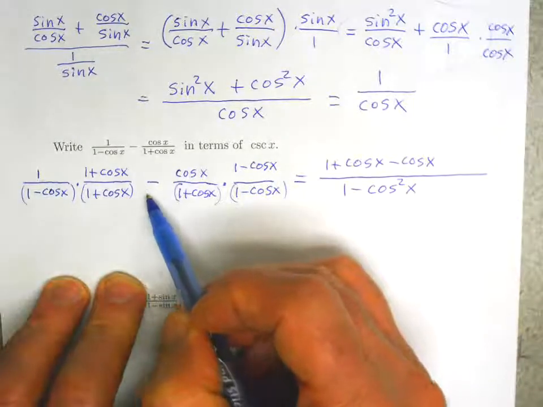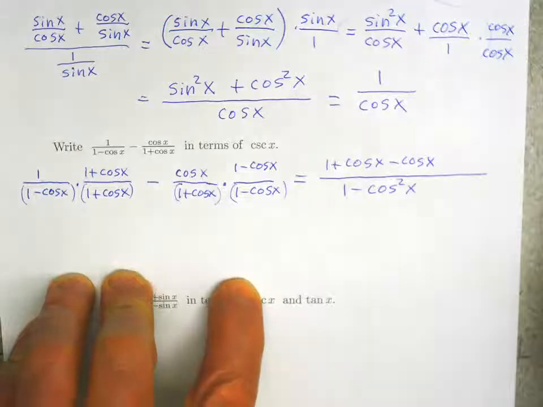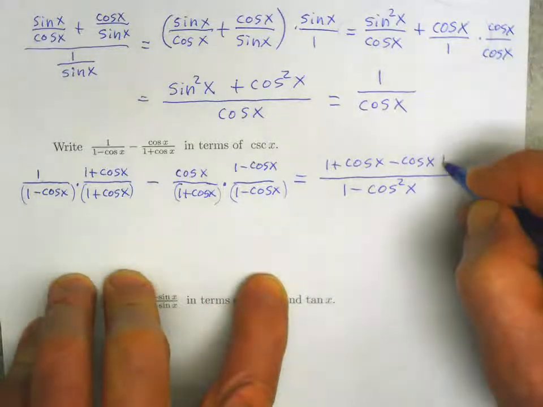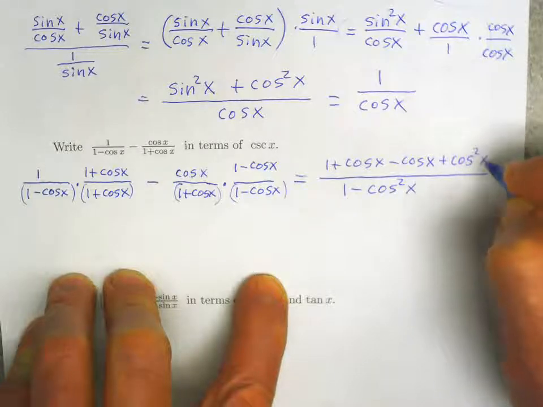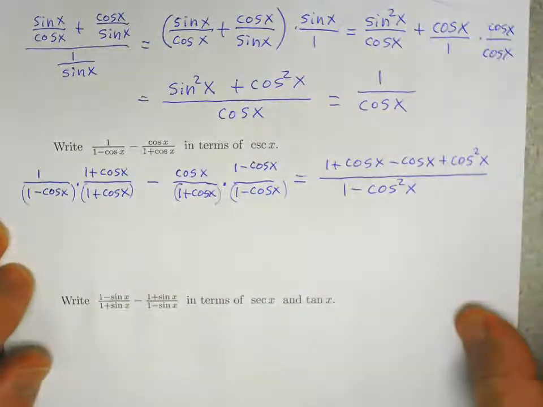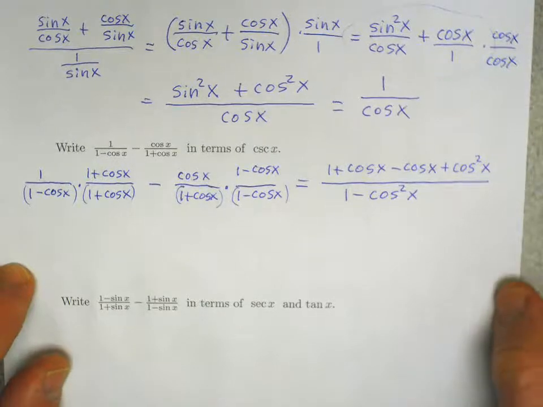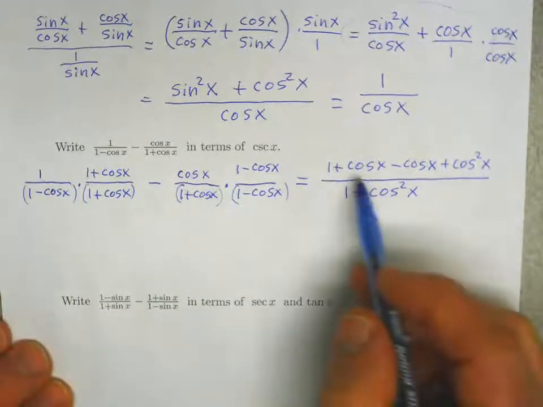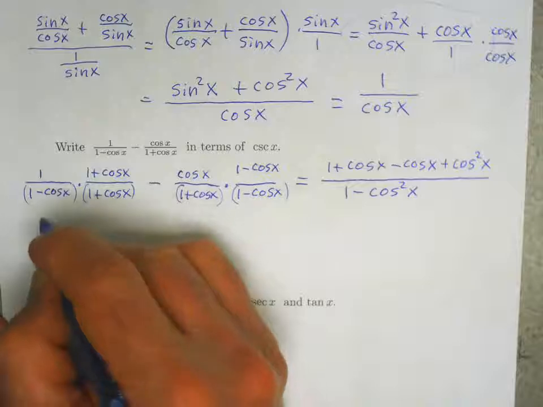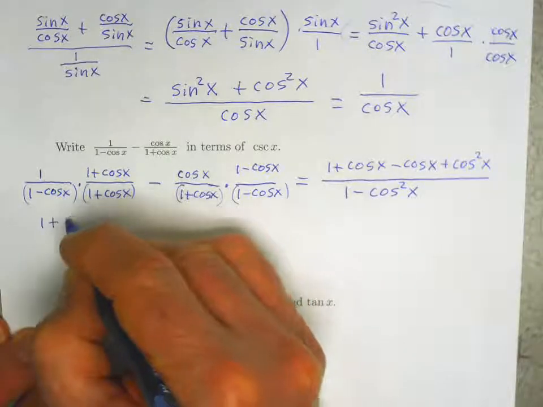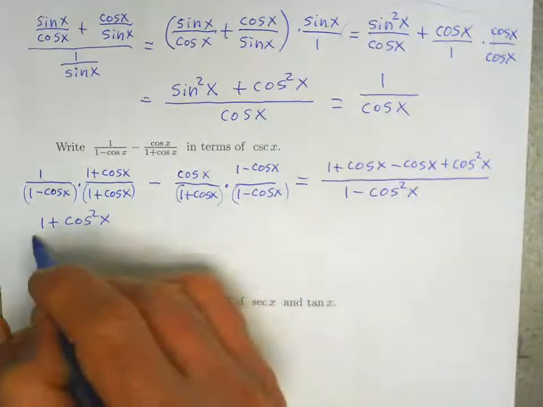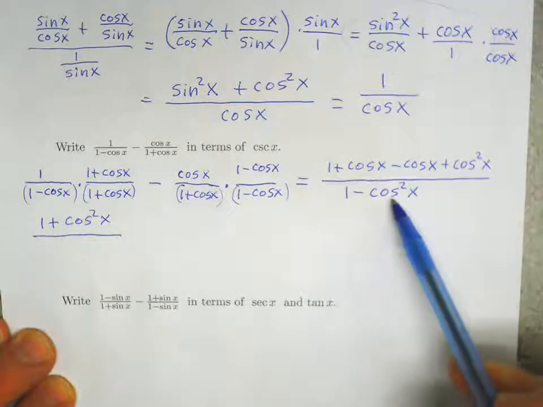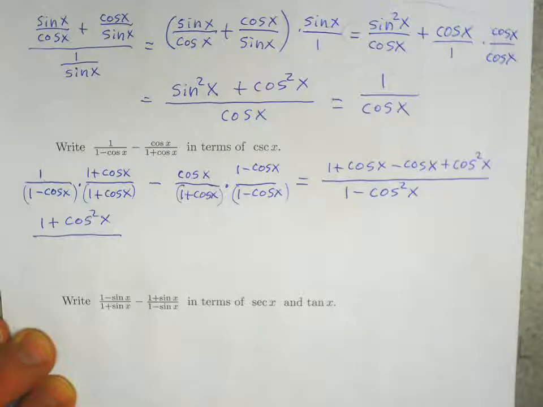So we're subtracting negative cosine of x squared, which is equivalent to adding cosine of x squared. Okay, so this numerator simplifies to 1 plus cosine of x squared. And the denominator, 1 minus cosine of x squared, is sine of x squared.